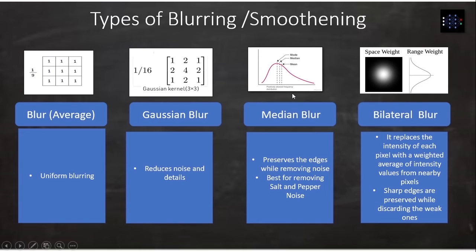Depending upon the filter type or the kernel type, we have various types of blurring and smoothing. For example, one can have weights like 1, 1, 1, 1 within a 3 by 3 matrix, divided by 9, because if you multiply these weights with the image, the sum becomes more.